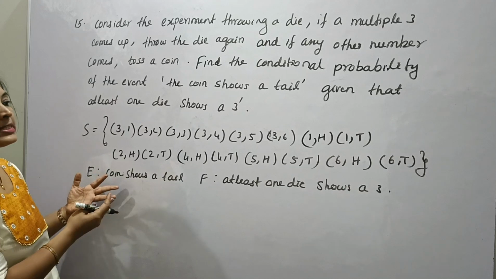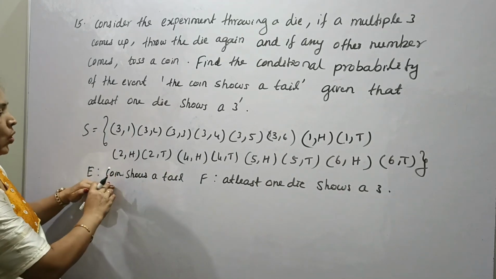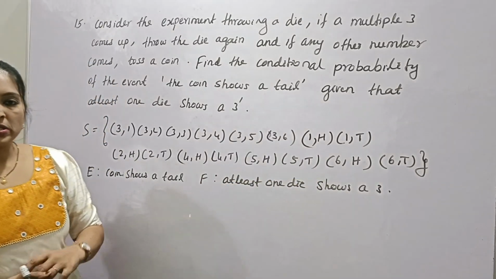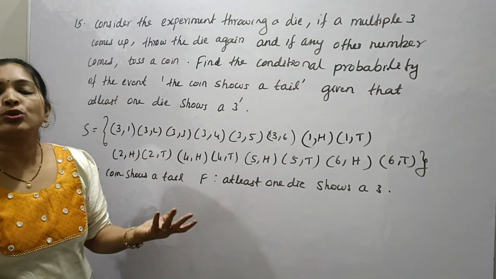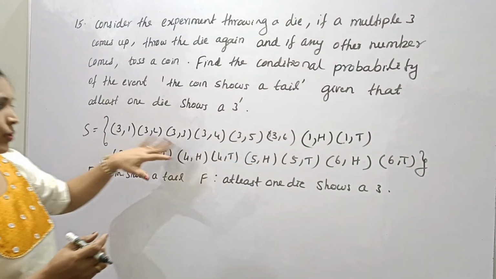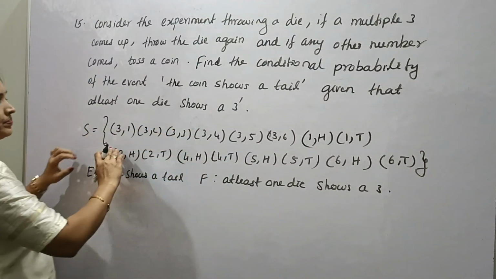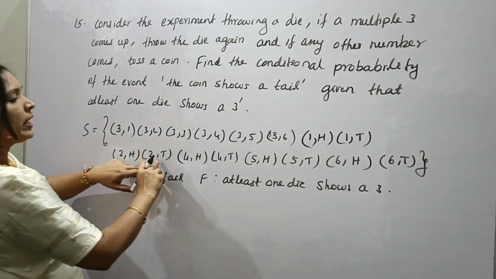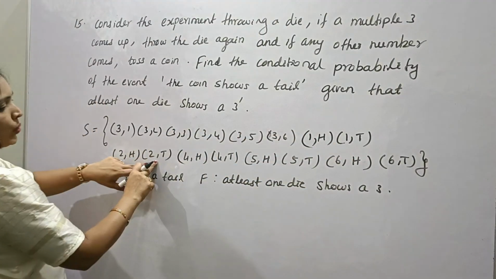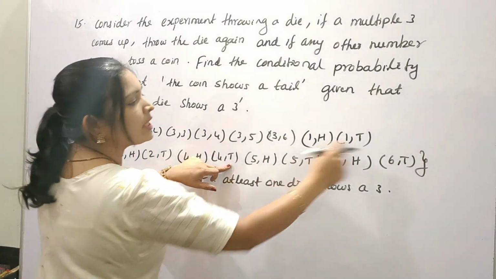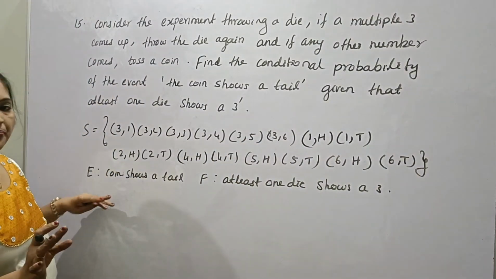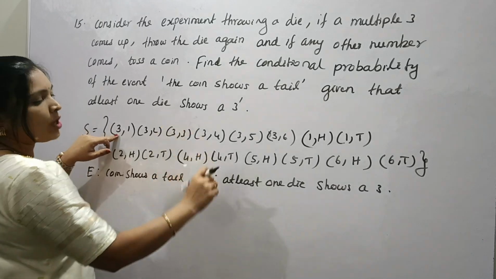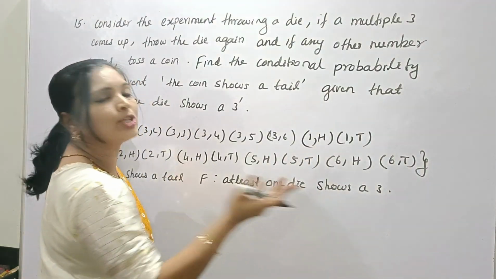From this experiment itself we can understand: if you are getting 3, no need to toss a coin. Or you can check from this. E, coin shows a tail, has only 1T, 2T, 4T, 5T, 6T as elements. And F has the elements 3,1; 3,2; 3,3; 3,4; 3,5; 3,6, because F is the event at least one die shows a 3.